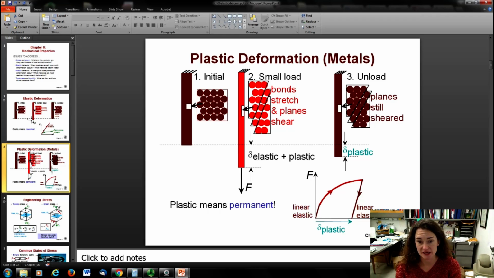So plastic means a permanent deformation of the material, a permanent change in the material. And of course, this looks very nonlinear if you plot the force versus the displacement of the material, how much it stretches out. It doesn't go in that linear or elastic regime, it has a curve to it. So this is a non-linear response of the material.